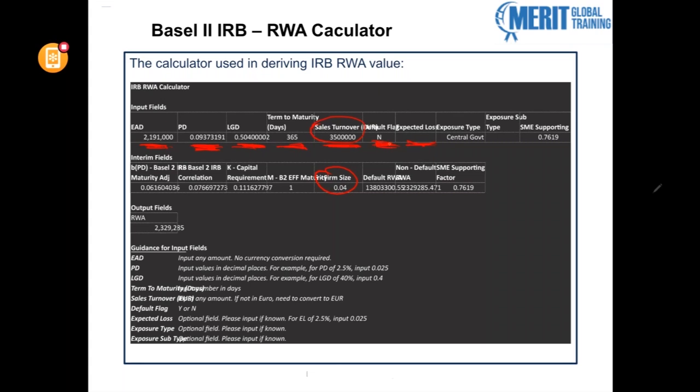And that's why I said, if the customer is not in default, you use the capital requirement calculation, where you input the PD, LGD and all these parameters into the calculation of correlation, maturity adjustment, and capital requirement.